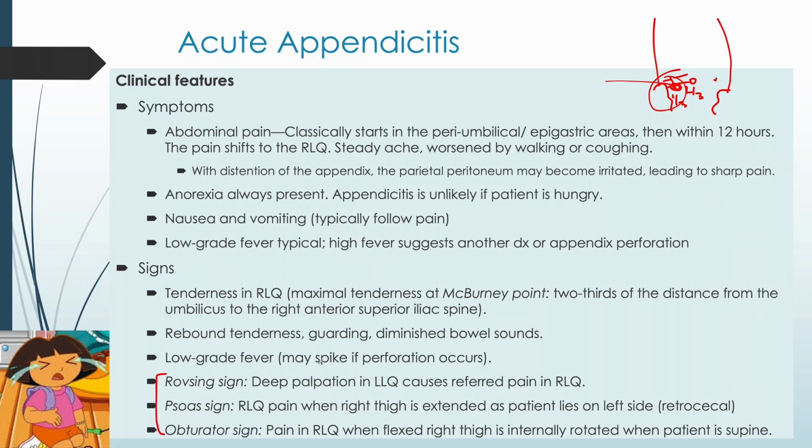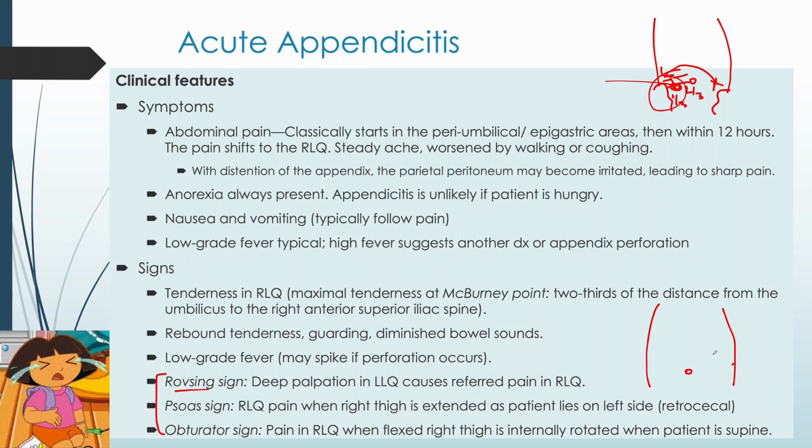Rovsing sign is when you palpate deep in the left lower quadrant and it causes referred pain in the right lower quadrant. The way I think of Rovsing sign, let's draw this torso again. Here's the umbilicus. When I think of Rovsing, to me it sounds kind of like Rover.